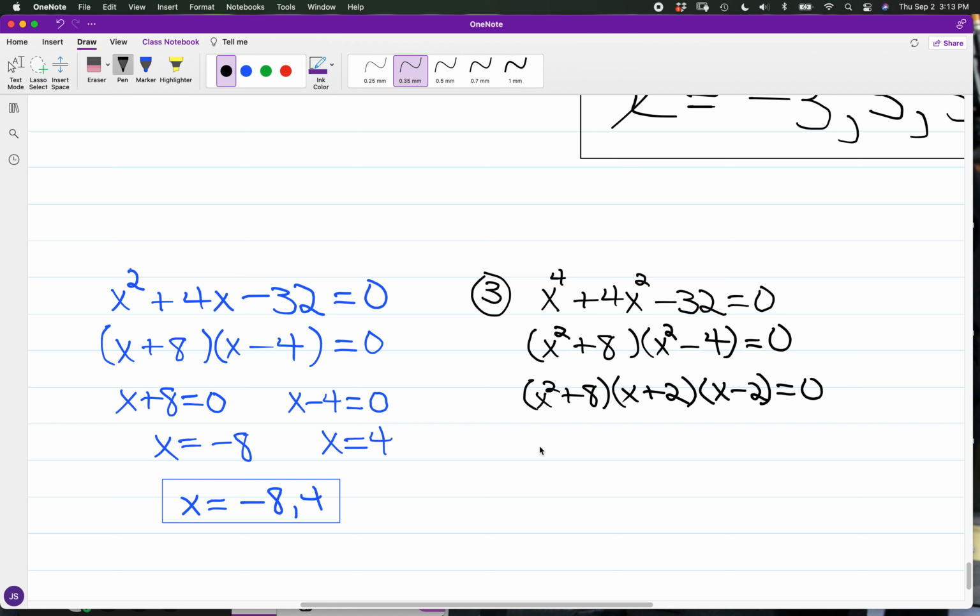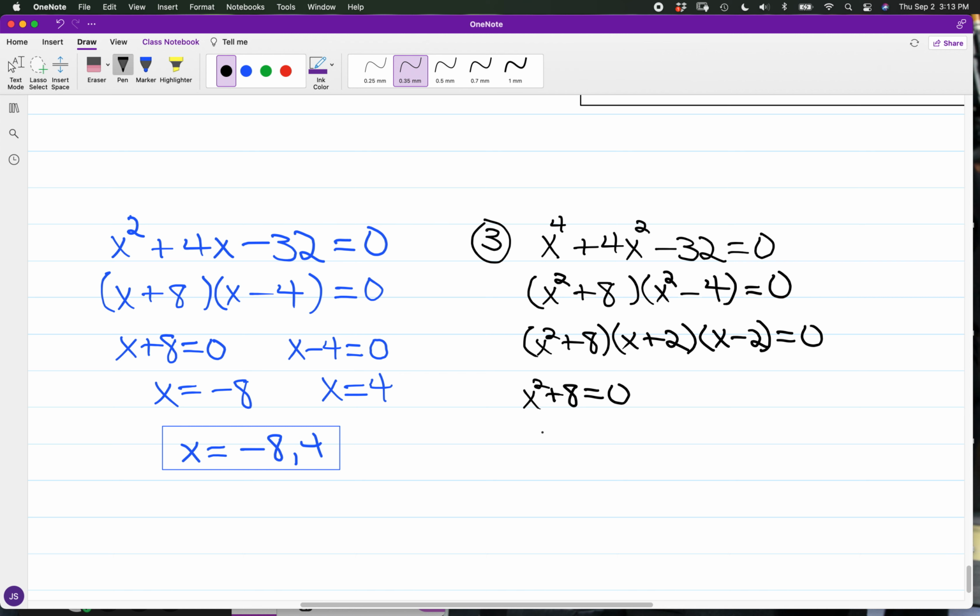And so I got 3 factors here, and if I set each to 0, for x squared plus 8 equal to 0, if I take 8 away from both sides, we have x squared is equal to negative 8.